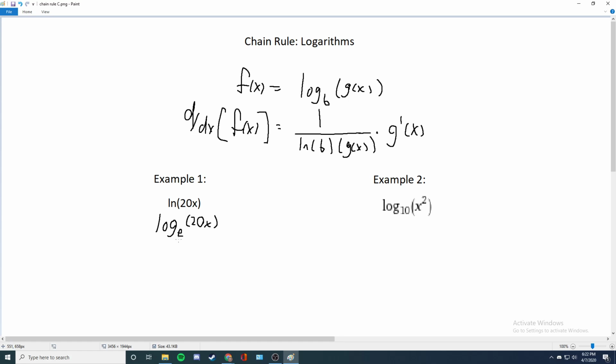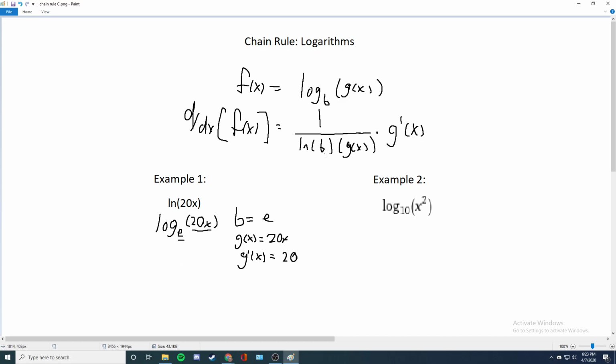Our b comes from the base, so in this case our b is just e, and our g of x is that inside, so our g of x is equal to 20x. Now we also need g prime of x, so we'll take the derivative of that, which is just 20. And now we're good to go just to plug in here.